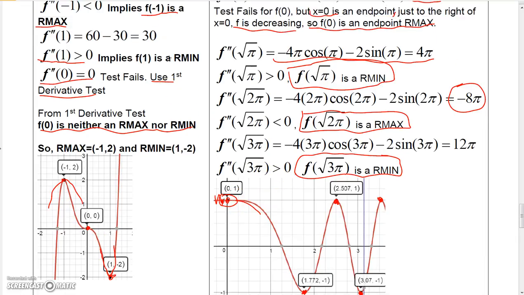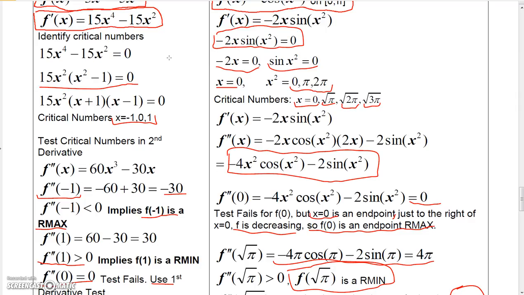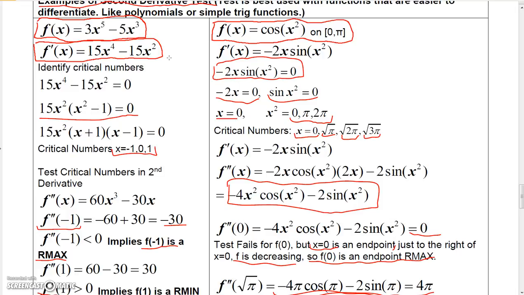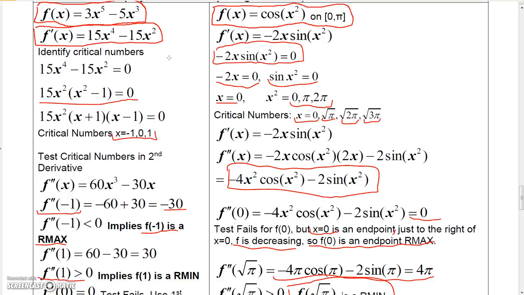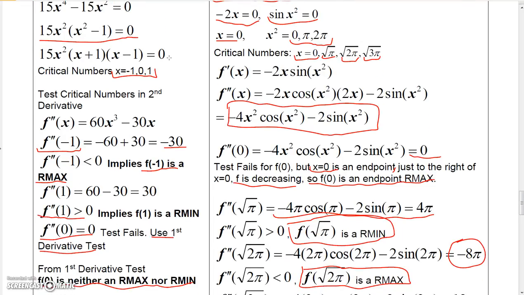So anyway, you can see that the second derivative test might not be the best test to use on complicated functions because finding the derivatives is a little bit difficult. You might want to go back to the first derivative test for this problem.